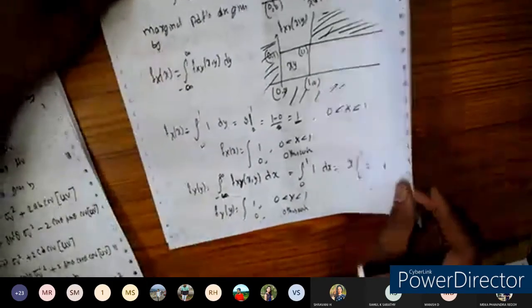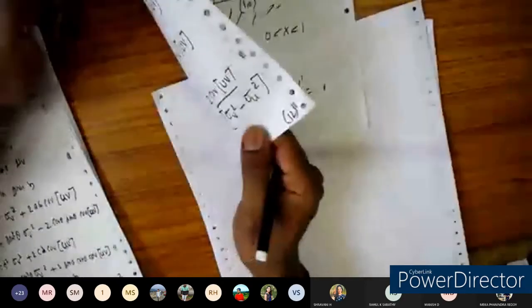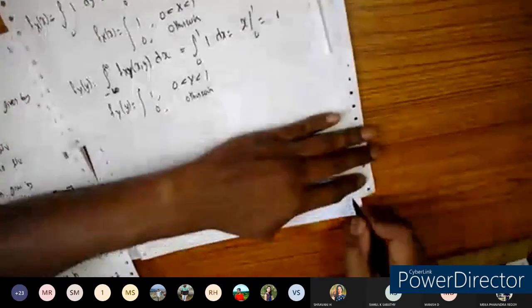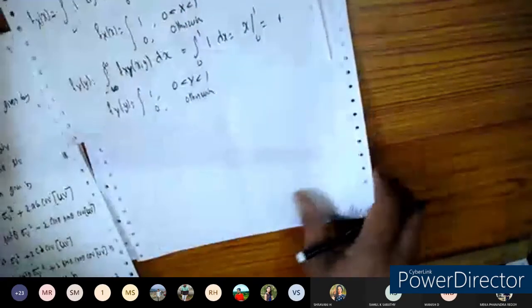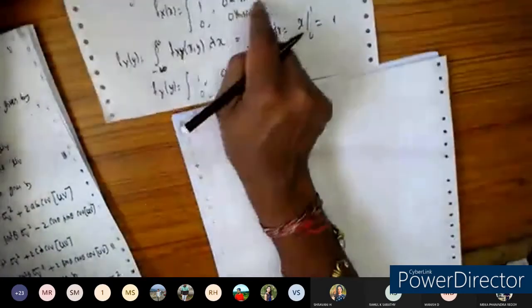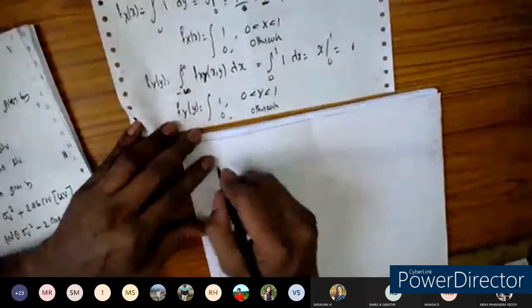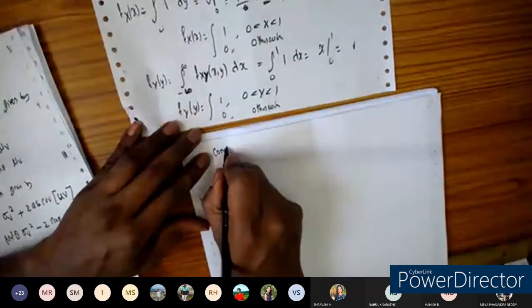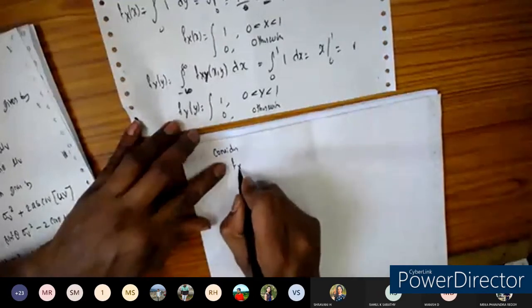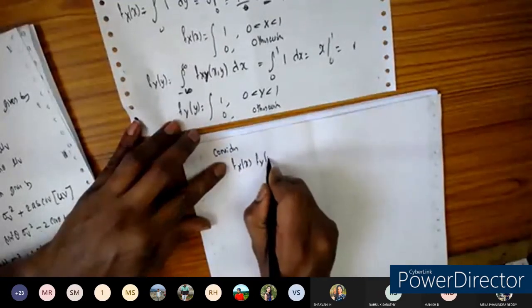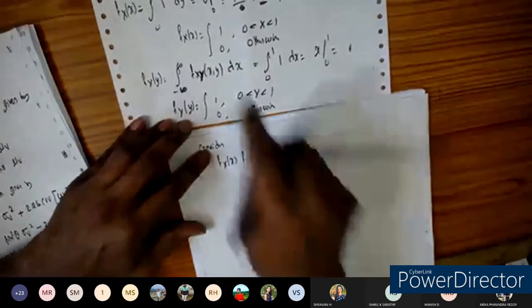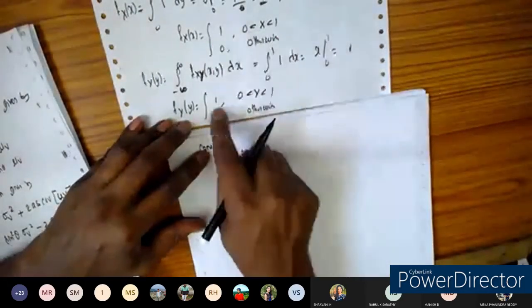Now I will verify some properties. We obtained fx of x and fy of y. Let us take the product of these. fx of x is 1 for 0 less than x less than 1, and fy of y is 1 for 0 less than y less than 1. So we consider the product of fx of x and fy of y.